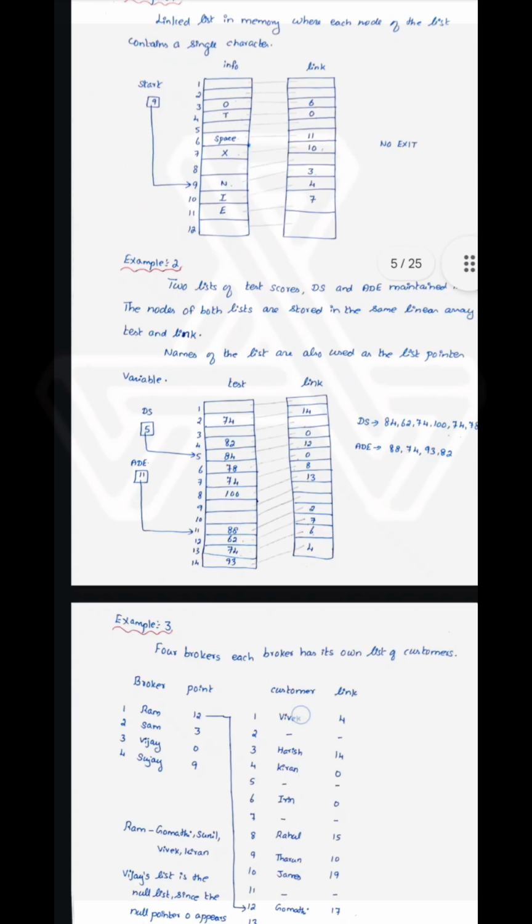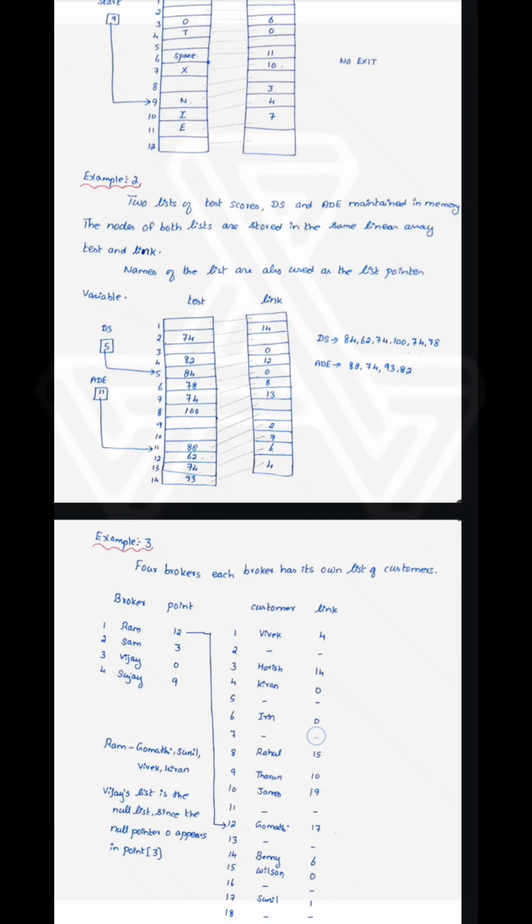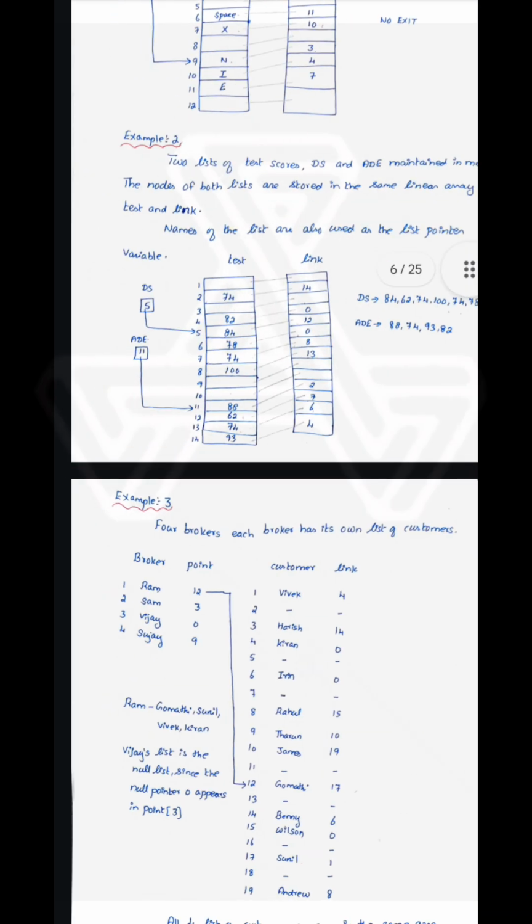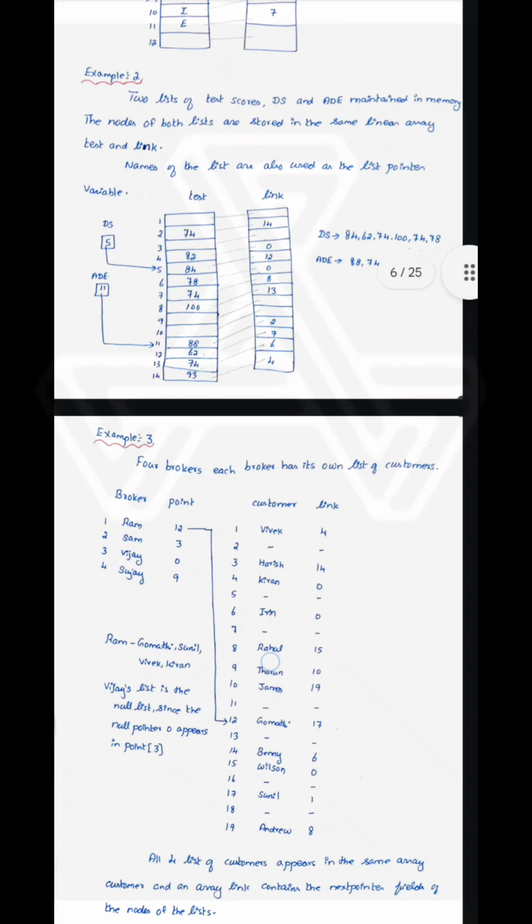Example 2: two lists of test scores, DSA and ADE, maintained in memory. The nodes of both lists are stored in the same linear array. TEST and LINK names of the lists are also used as the list pointer variables, like this, DSA and ADE.